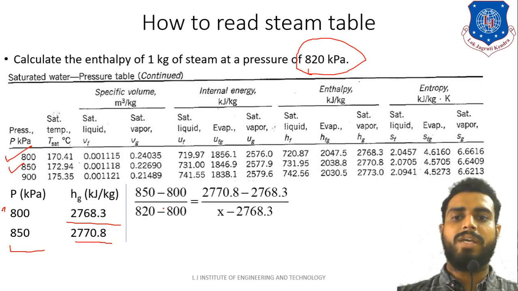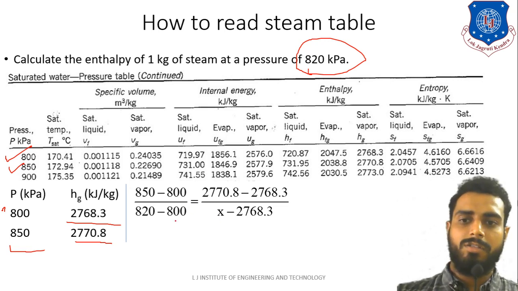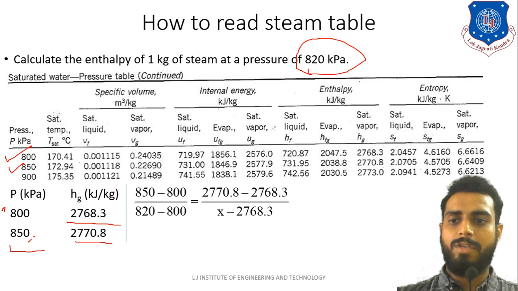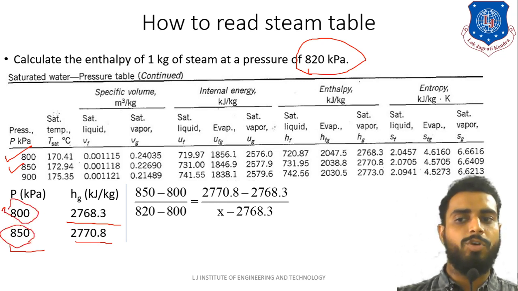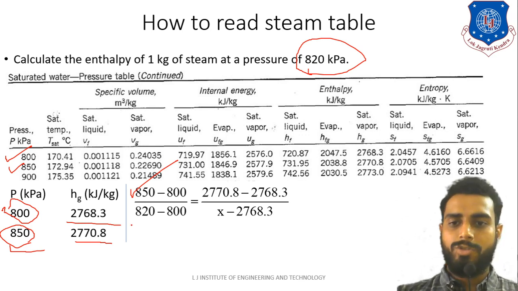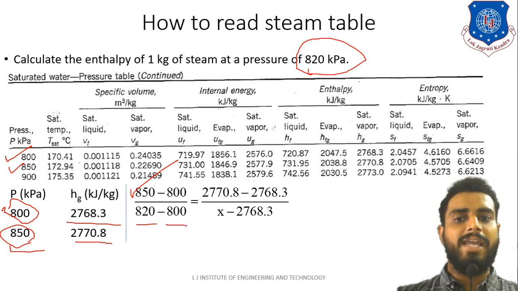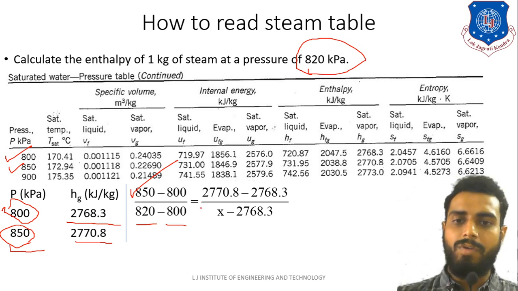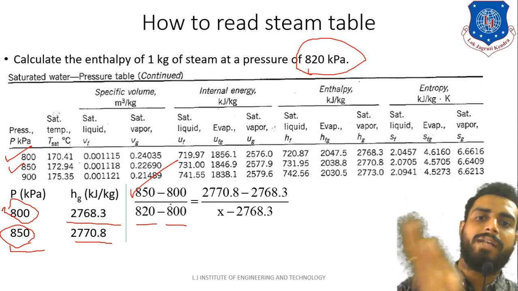The interpolation formula will be substituted like this. The known values are 850 minus 800, so higher value minus lower value, divided by what we want to find out, that is 820 minus 800. Follow this convention for the right hand side also.